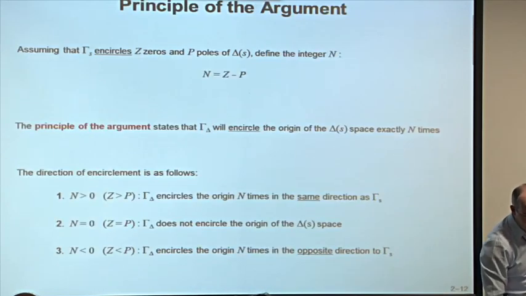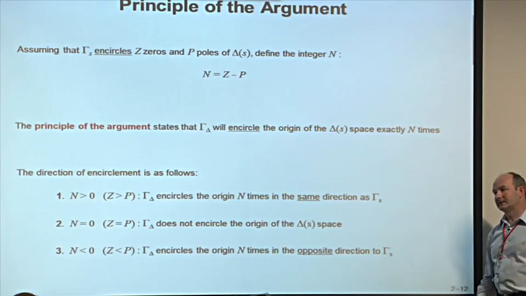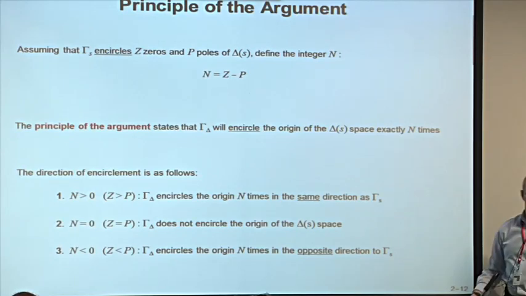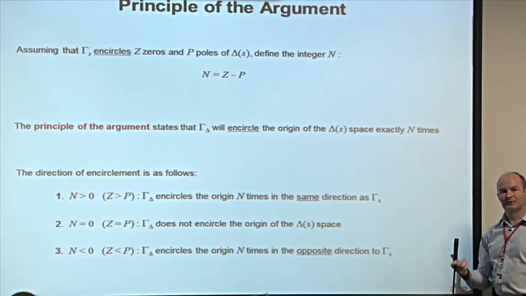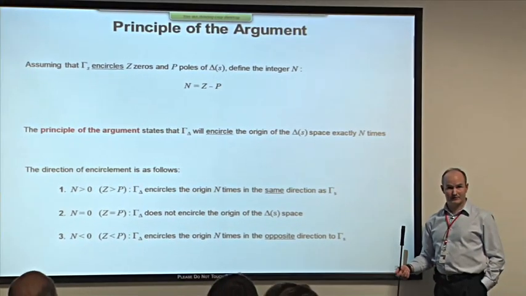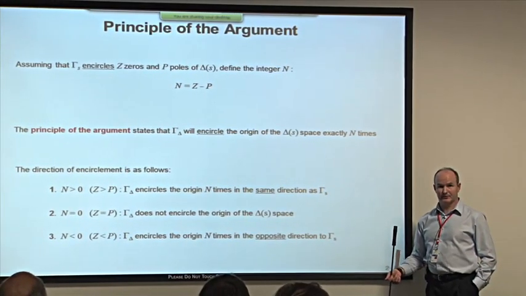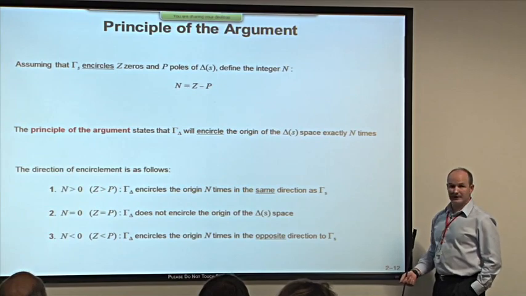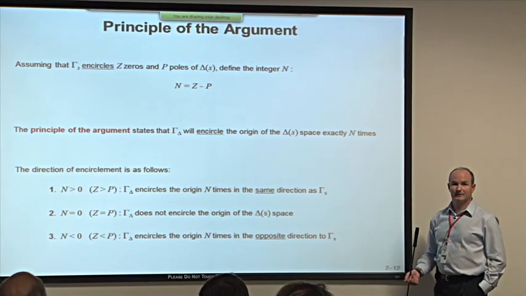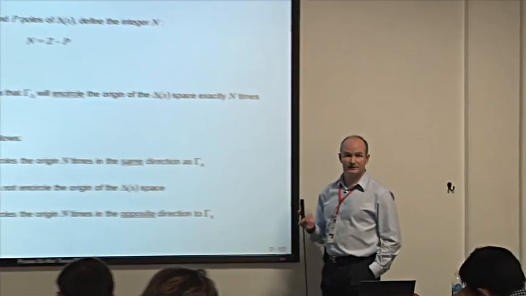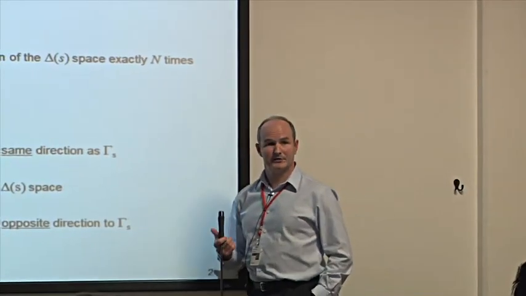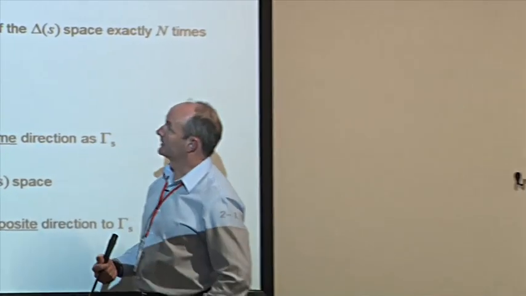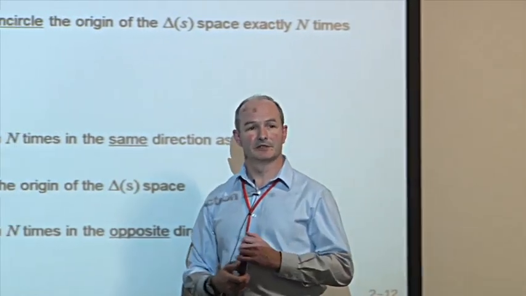Now, those properties were captured in 1855 in something called the principle of the argument, which was put forward by a French mathematician called Augustin-Louis Cauchy. You may have heard of Cauchy. He doesn't have his own biographical slide because he certainly wasn't a very nice man as far as I've been able to ascertain. He was around at the time of the French Revolution and all sorts of nasty things happened. But at any rate, he's a rather brilliant mathematician.